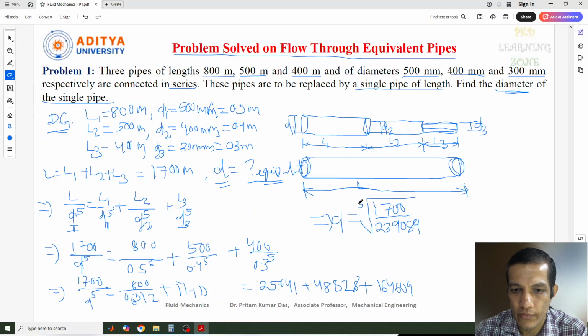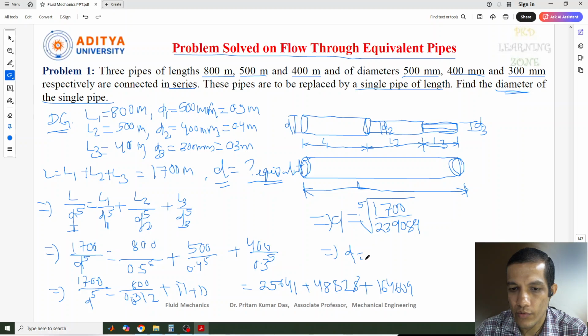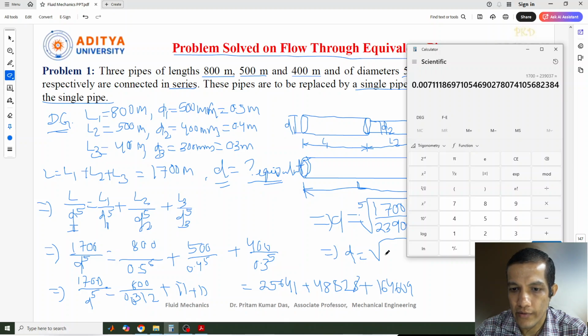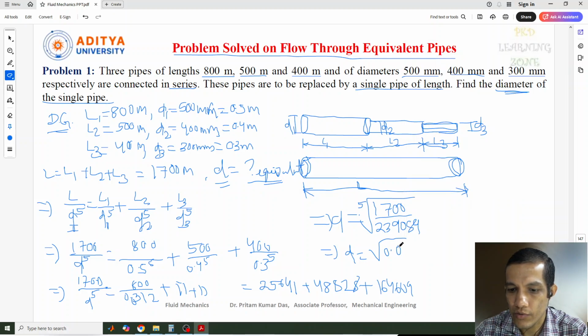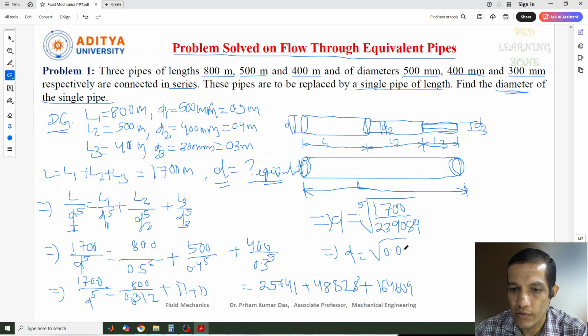So now let's see, 1700 divided by 2,39,084 gives 0.00711 or so, something like 0.00718. So D equals the fifth root of this.